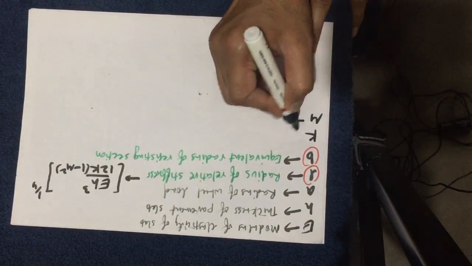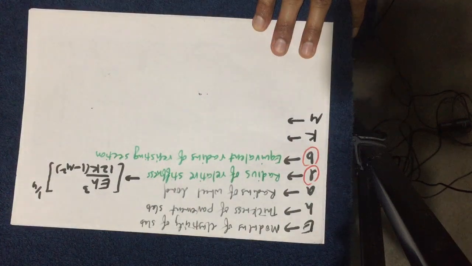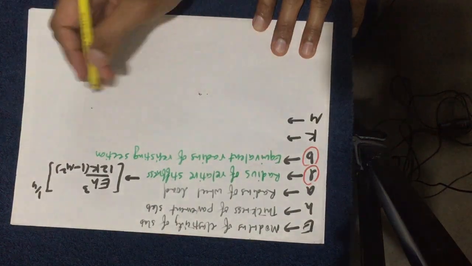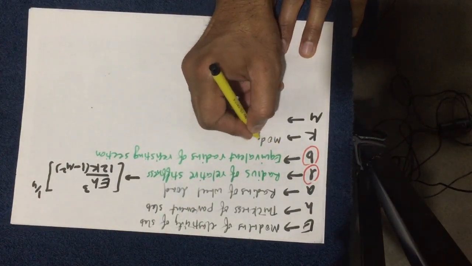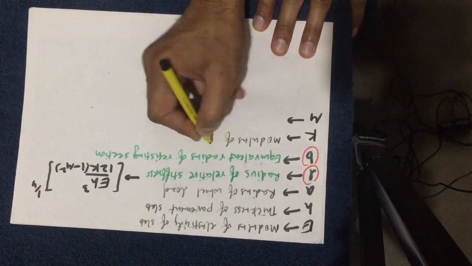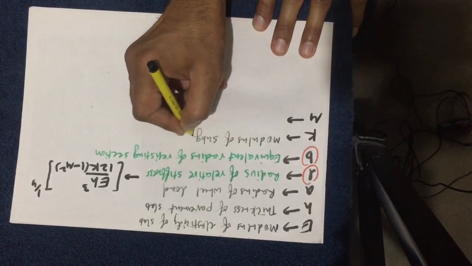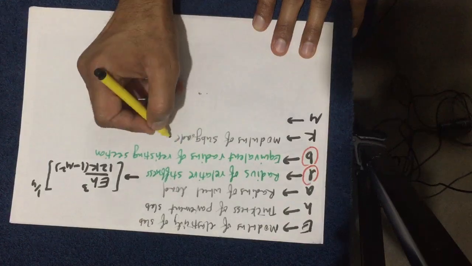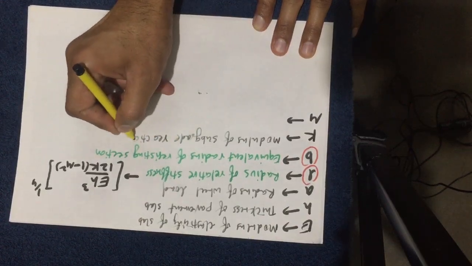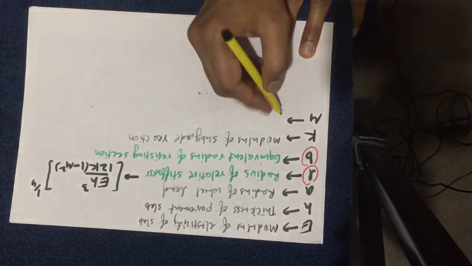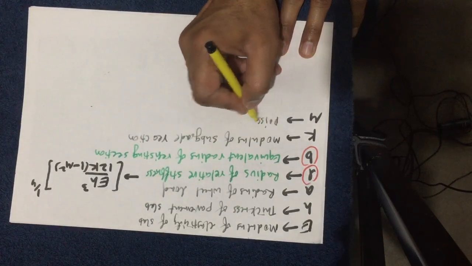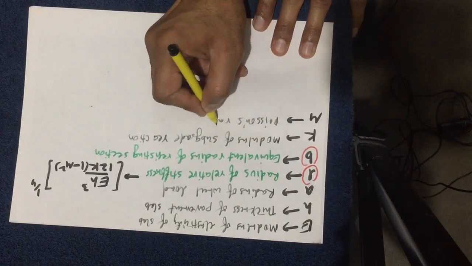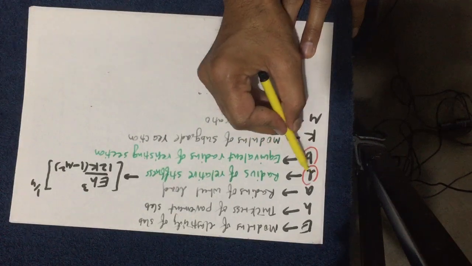K is the modulus of subgrade reaction, and mu is Poisson's ratio of concrete. So the formula for L is clear.